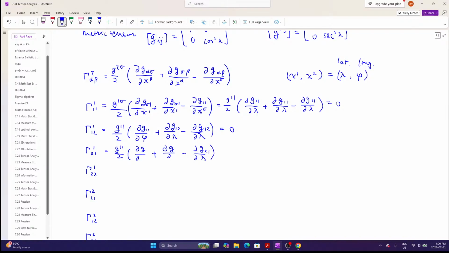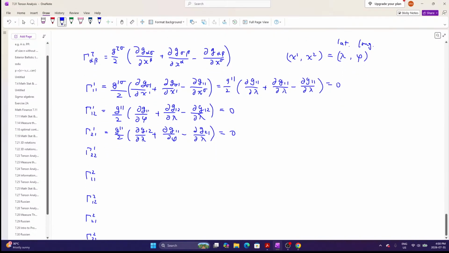The first term would be dg12 over dx1, where dx1 is just d lambda, and dg11 over dx2, where x2 is phi. Everything inside the bracket vanishes, either because g12 is 0 or because g11 is a constant, so this is 0. Nothing.